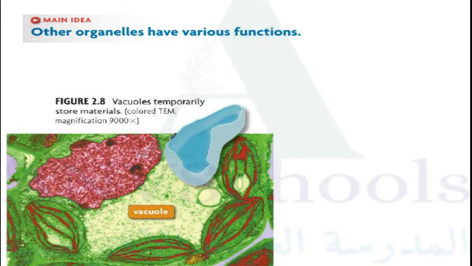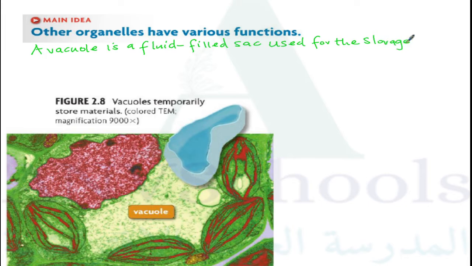A vacuole is a fluid-filled sac, as we can call it, used for the storage of materials needed by the cell.